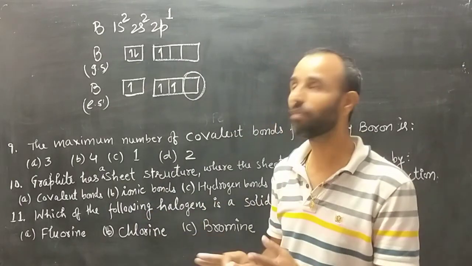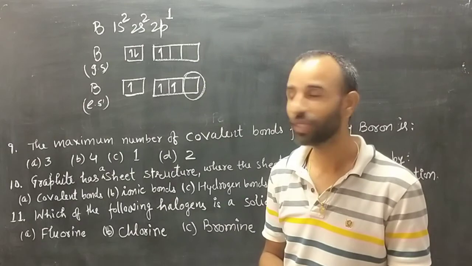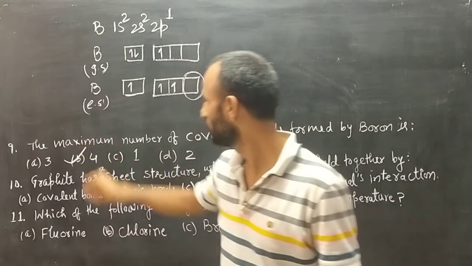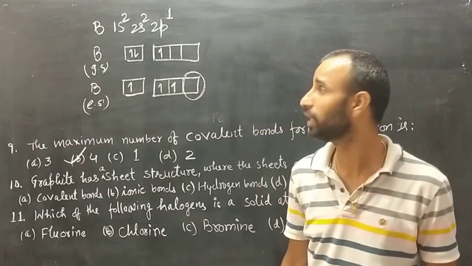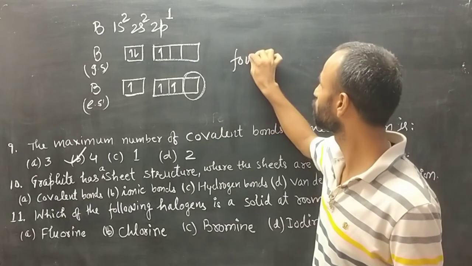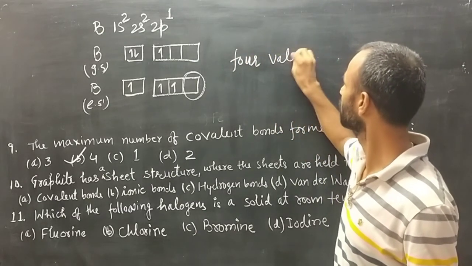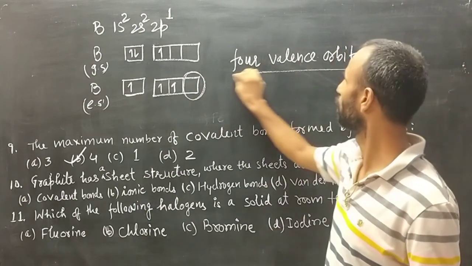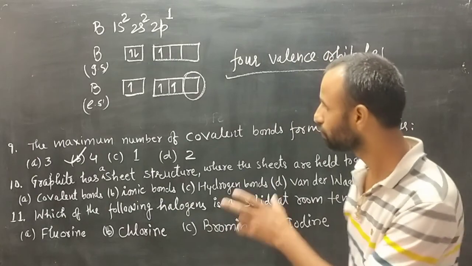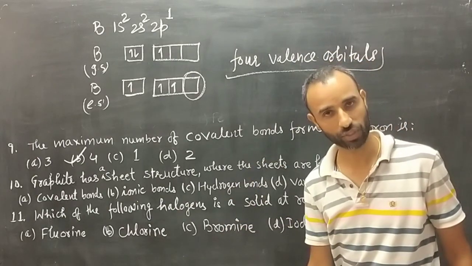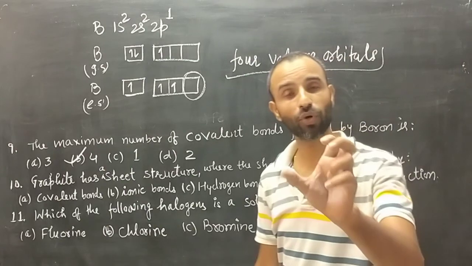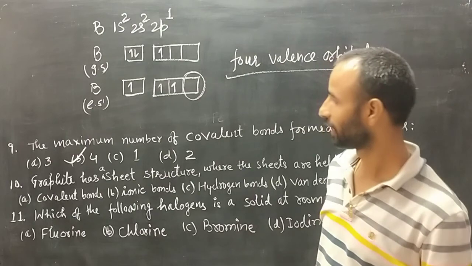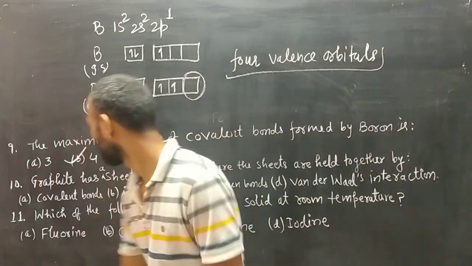So the maximum number of bonds it can form is 4, because it has 4 valence orbitals. Keep in mind a coordinate bond is also treated as a covalent bond. Okay, done.